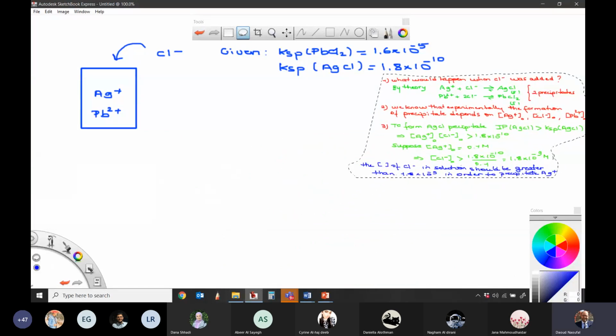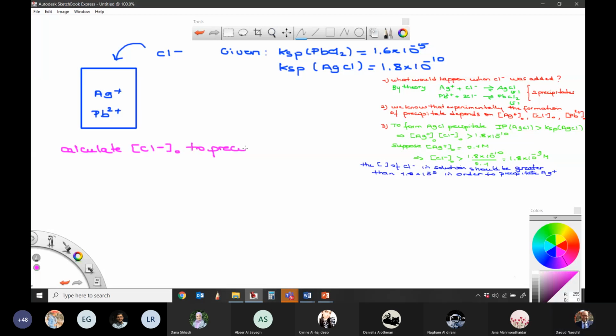So now calculate Cl- initial to precipitate Pb2+.